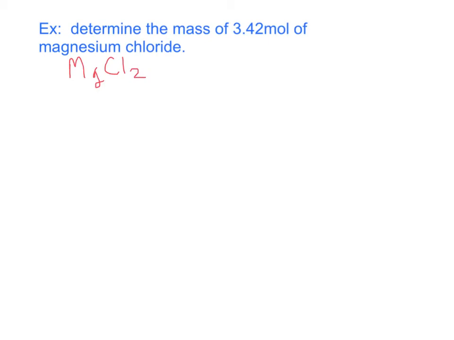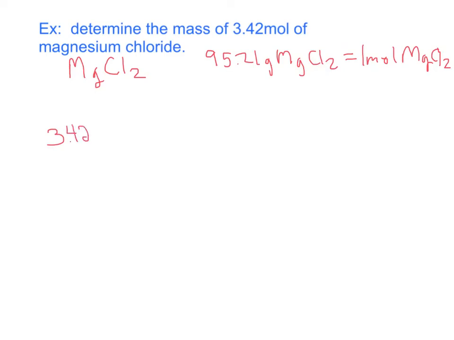The formula mass, in this case, is 95.21 grams. And you get that from the periodic table. That's equal to 1 mole. Now again, we set up the fence post given first. So it's going to be 3.42 moles of MgCl2.